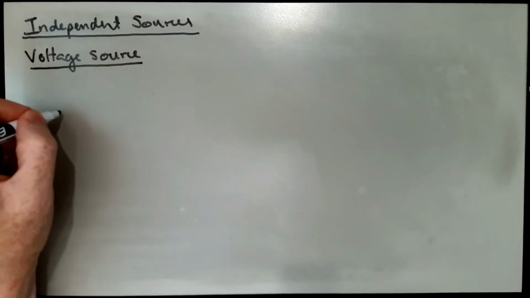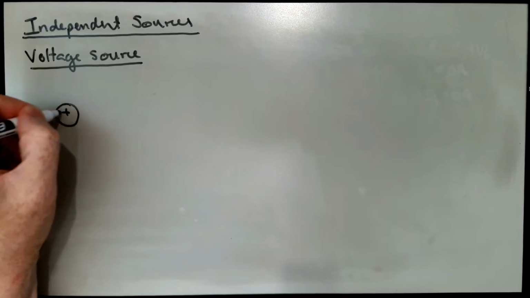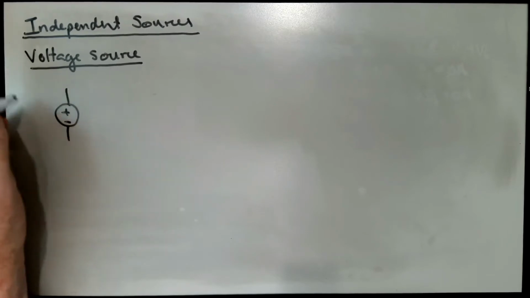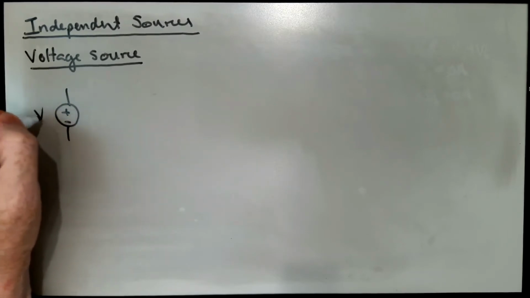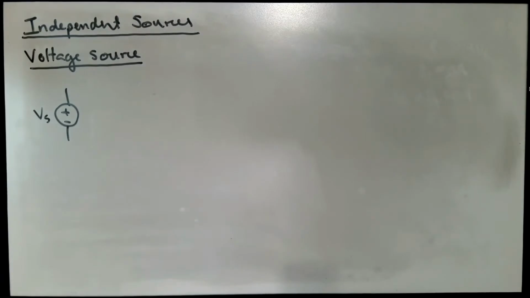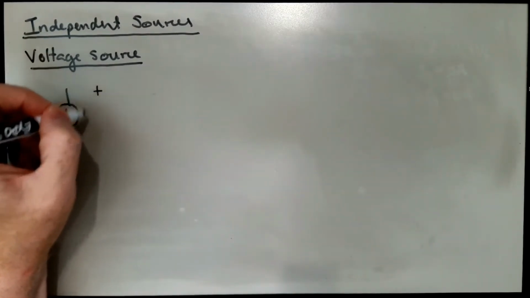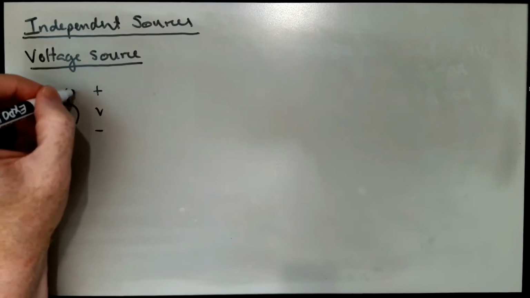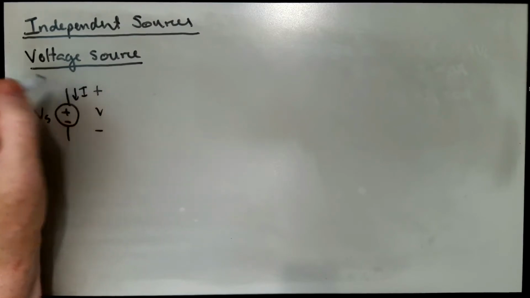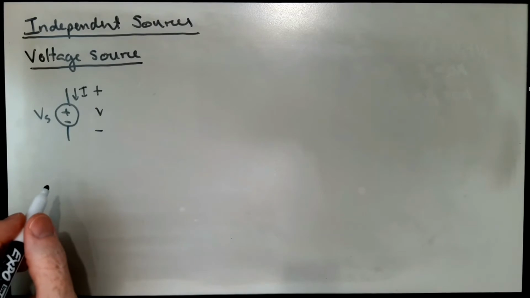And we typically will be denoting a voltage source by a symbol that looks like this with some voltage value, let's say Vs, here off to the side. And we can think about there being a voltage across this and a current flowing through it, just like we had with our generic circuit element.